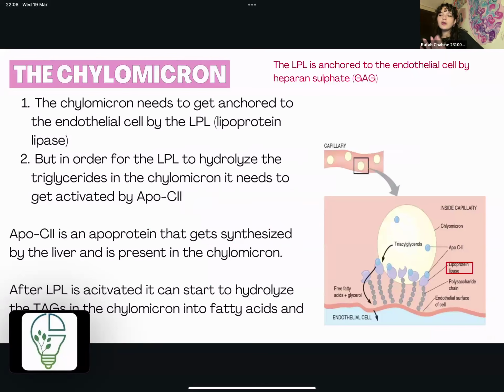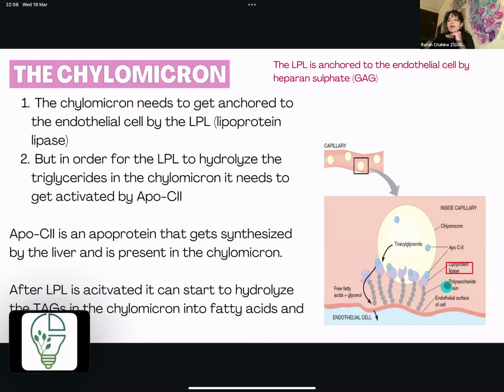Okay, so starting off with the chylomicron. If you remember in the lipoprotein slide, I mentioned lipoprotein lipase. Now, this is where it comes into play, right? I told you in the capillaries, lipoprotein lipase is going to break down this chylomicron and give us triglycerides. Now, in order for that to happen, chylomicron is actually a pretty big molecule, so it needs to be anchored to the endothelial cell in my capillary.